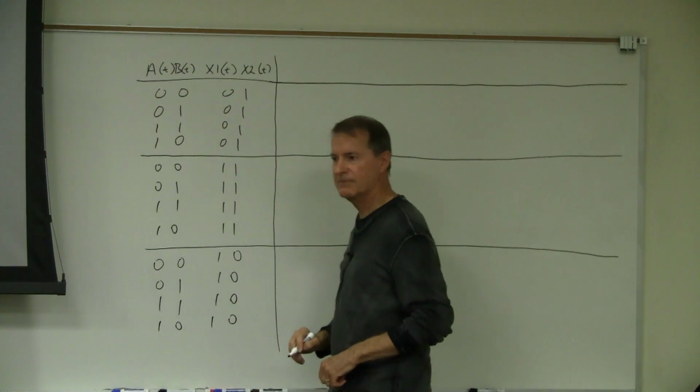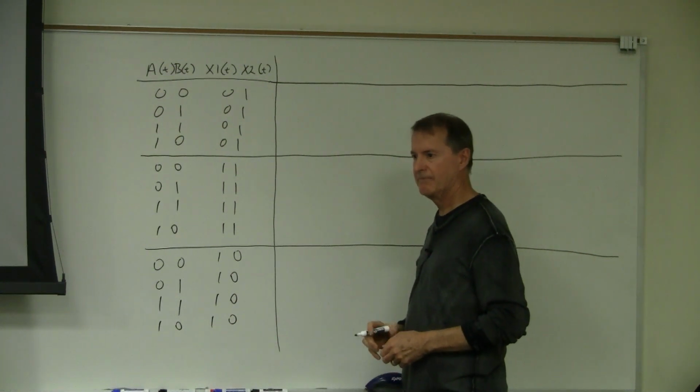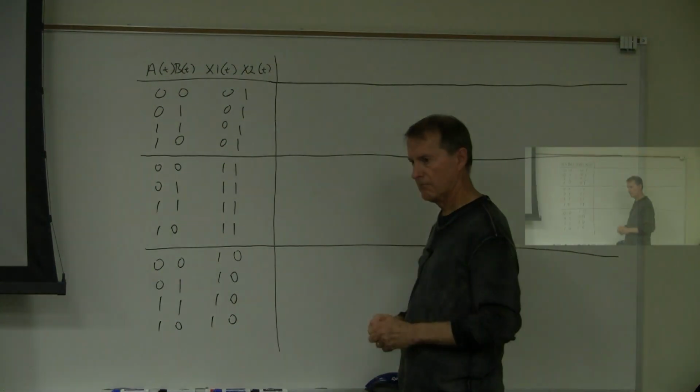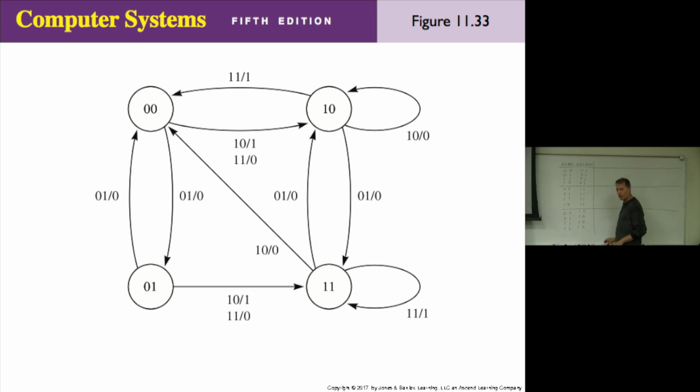Now, question: how can you tell from looking at it that 0, 0 is don't care? The way you can tell is that there are no inputs with 0, 0. Because they don't appear here, we say we don't care what it does if there's a 0, 0 input.